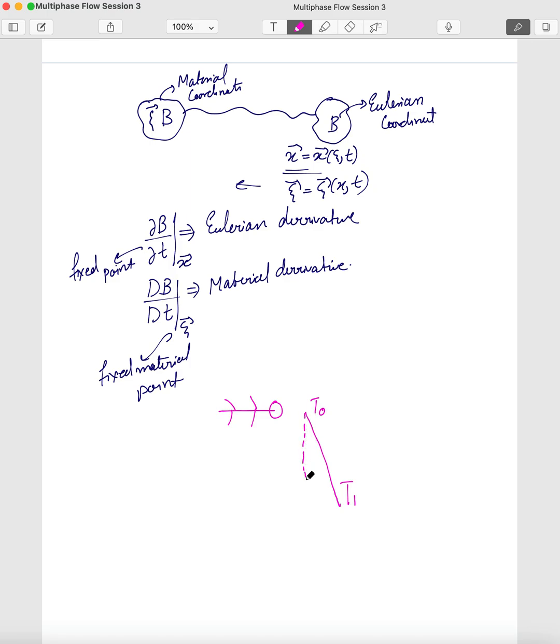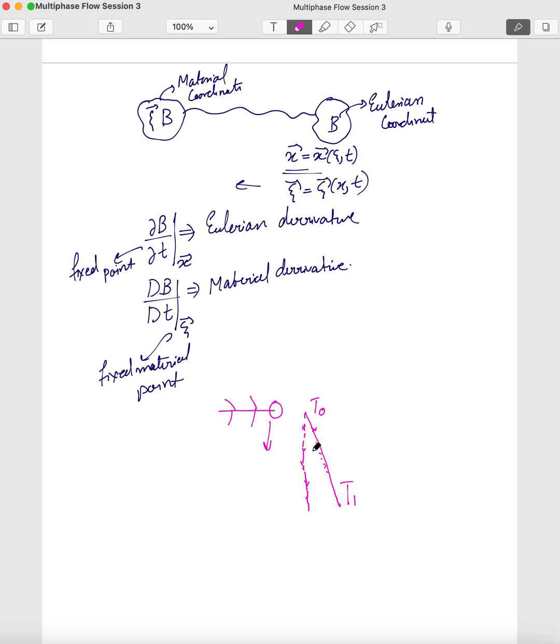If you fix the point, you will see no gradient in temperature. So that is the Eulerian picture. But if the skydiver is coming with velocity v, then with time the temperature is changing.